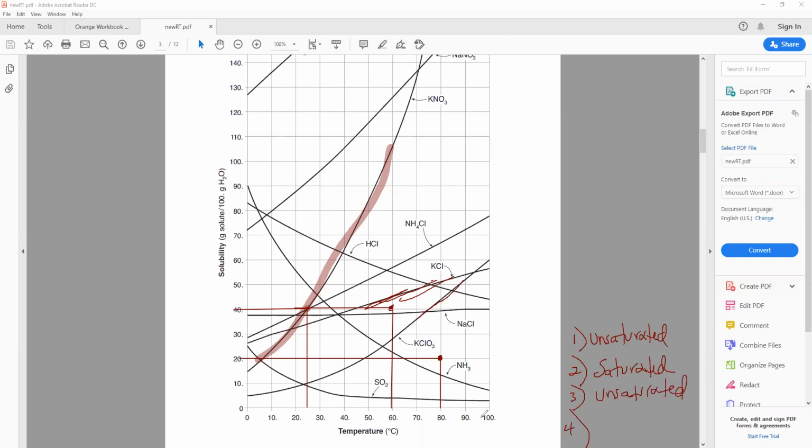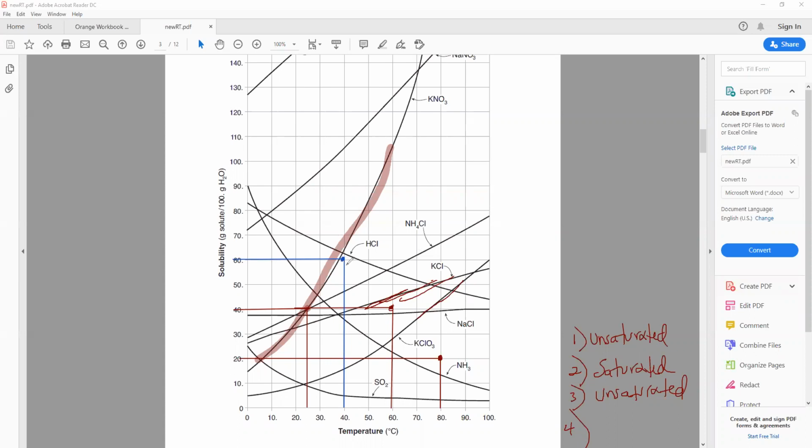And choice 4, let me use a different color. Let's go with the blue. 40 degrees Celsius and 60 grams. So 40 and 60, this point is right over here.